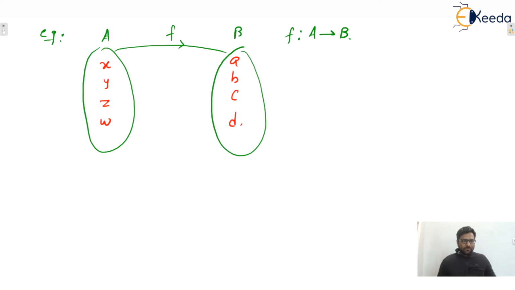Let's say x is mapped with a, y is mapped with b, z is also mapped with b, and w is mapped with c.